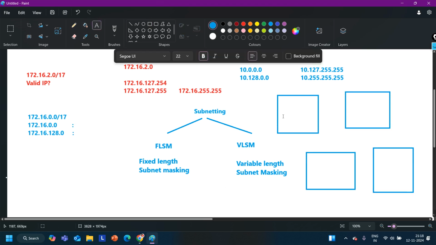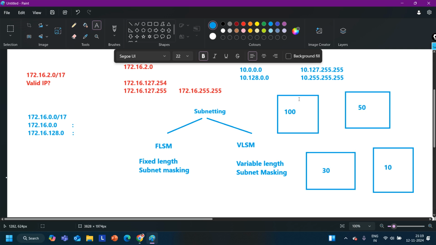In each department, if I need 100 IP addresses, then definitely I can do FLSM, right? But in department 1, let's say I need 200 IP or 100 IP. In department 2 I need 50 IP. In department 3 let's say 30 IP, and in department 4 I need 10 IPs, right?